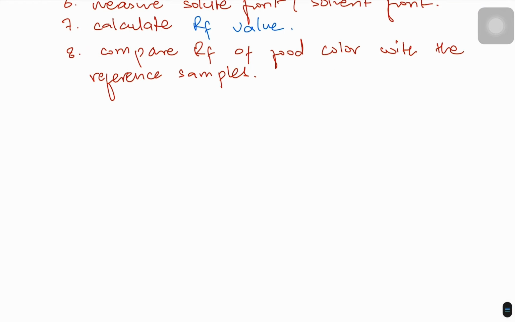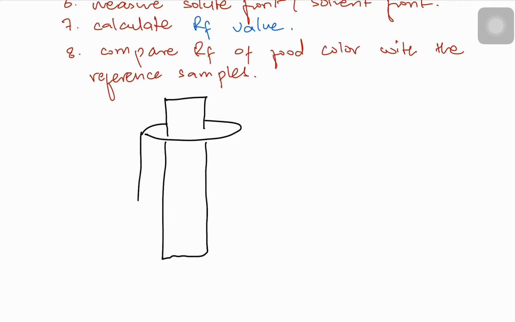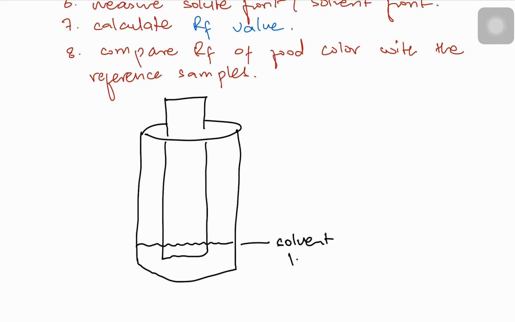Let me show you a very simple diagram for this. You have a piece of filter paper dipped in a jar. This is your solvent level. So this is solvent level. This is your baseline. So label it baseline. You have your spots here.